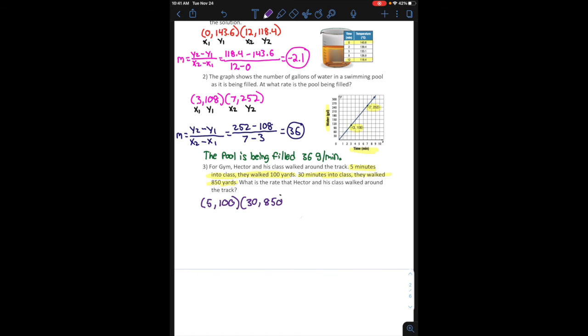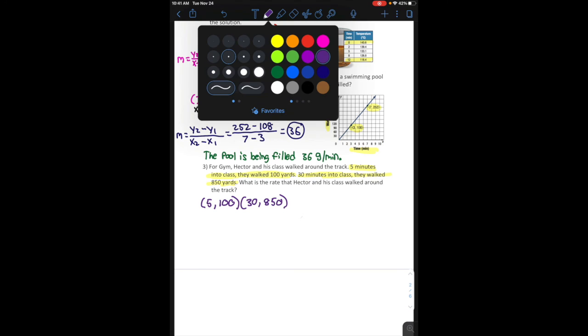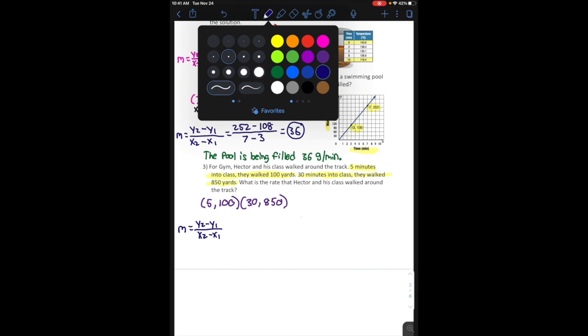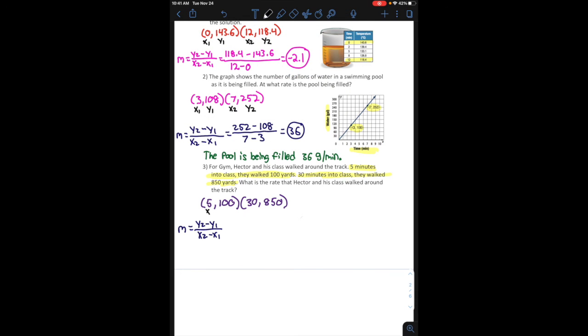Now that I have my 2 ordered pairs, we could go ahead and put this in our slope formula, y2 minus y1 over x2 minus x1. And like the above problems, this will be my x1, y1 since it's my first ordered pair, and my second ordered pair will be my x2, y2. When I plug that in, we'll have 850 minus 100 divided by 30 minus 5.